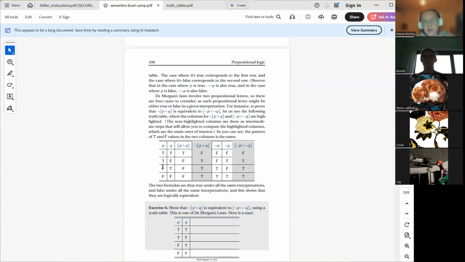P true, Q false: P and Q false, negation of P and Q true, negation of P false, negation of Q true, negation of P or negation of Q true. Okay?